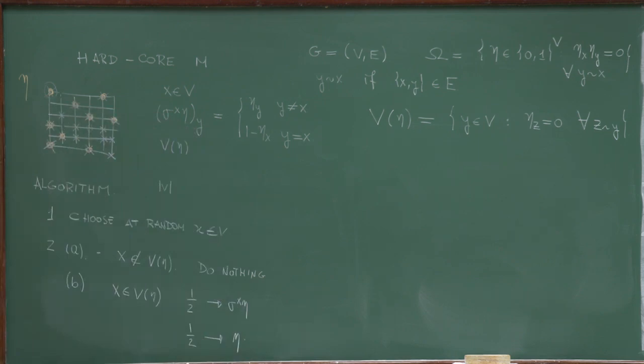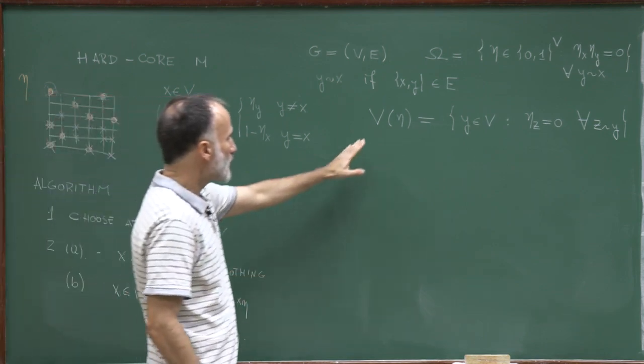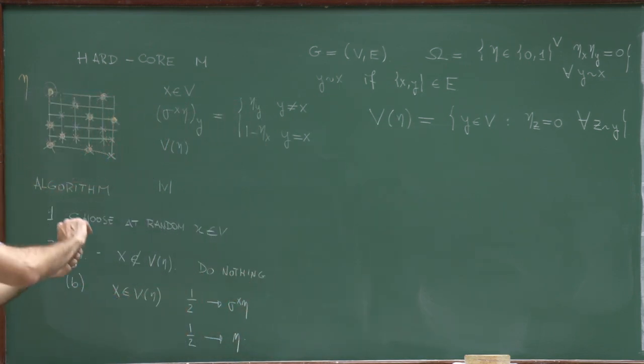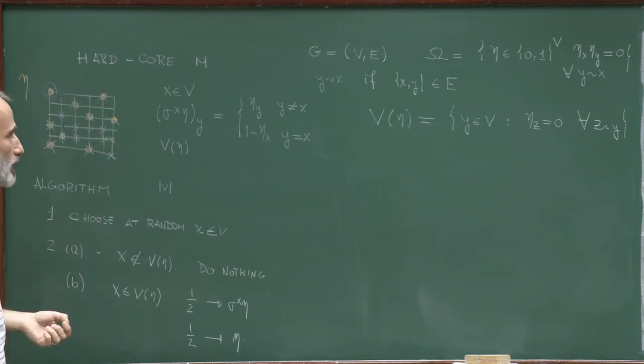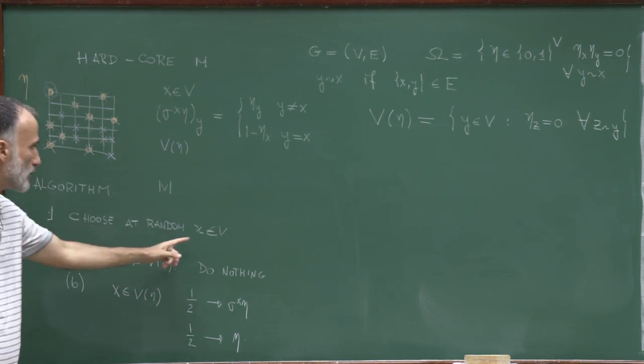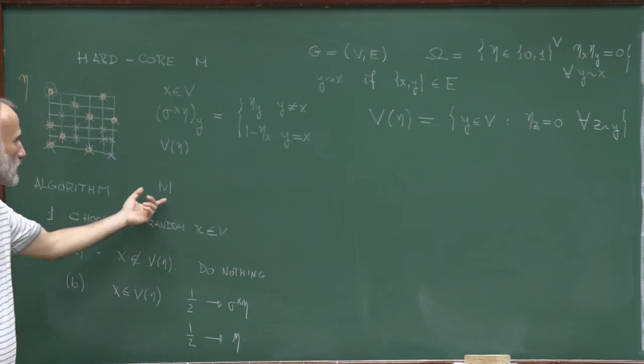So let me repeat the algorithm I'm proposing in order to construct this Markov chain. Keep in mind the definition of this set: the set of points in which I can place a particle at X for the configuration eta. I first choose at random a site X, with probability 1/V.